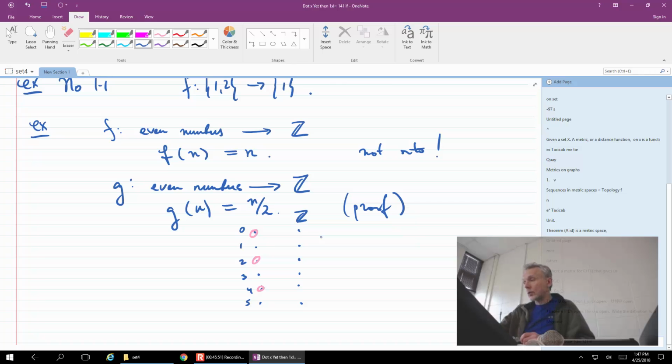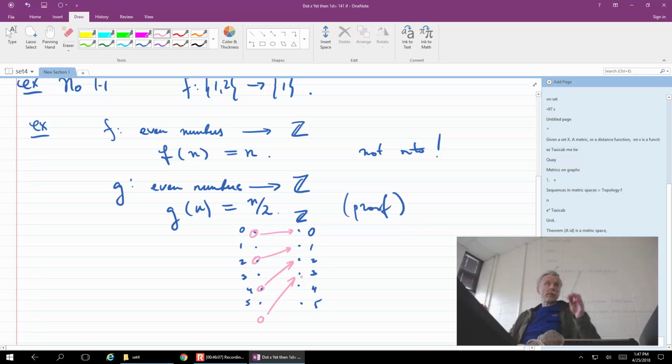So what do I do in order to create a one-to-one onto function? I divide by 2. So when I have 0, 1, 2, 3, 4, 5, the arrows of my function g will go like this.